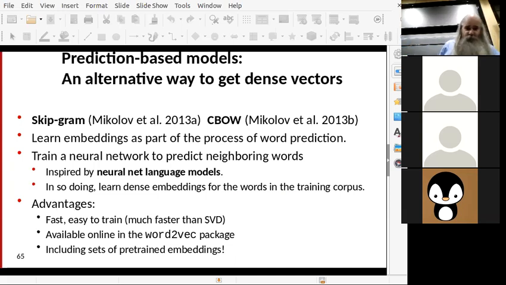If we get this to work, it could be much faster than SVD. SVD is computationally very expensive. And much more importantly, if we can do this, we could pre-calculate it. We could pre-train it, which is now the standard term, and we end up with a model which exists online and has been compiled with the large amounts of GPUs that Google has, and you just use it in your program.